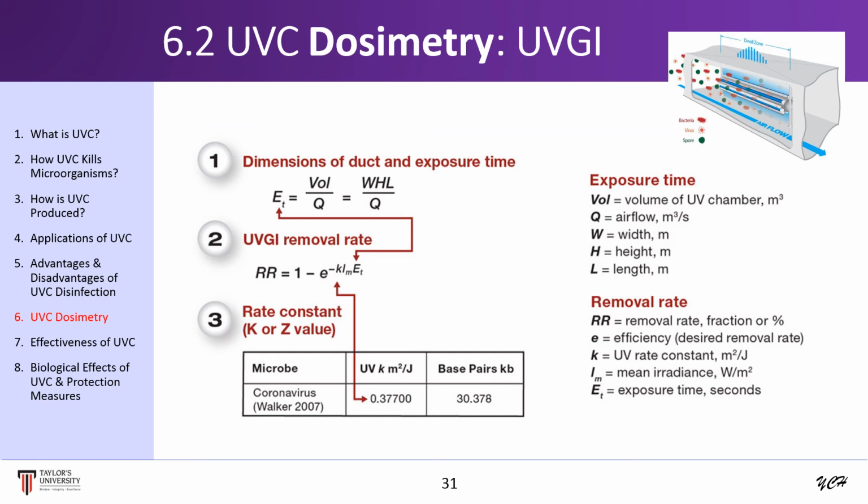The UV rate constant is 0.377. LM is the mean irradiance, which can also be obtained from the manufacturer specs. From there, we can calculate the removal rate of bacteria if using this system.